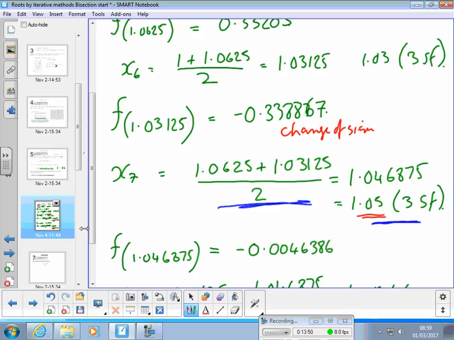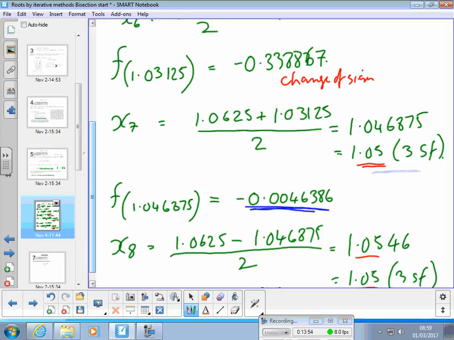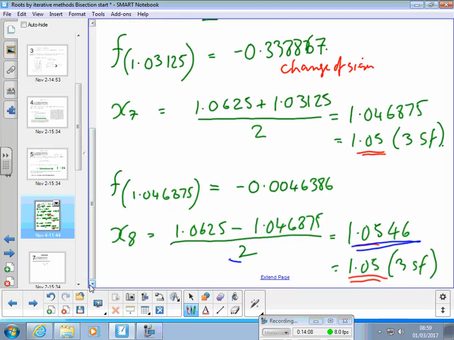Put that in the function. So this becomes a new bottom guess because it's negative, and round it to 1.5 for the second figure.